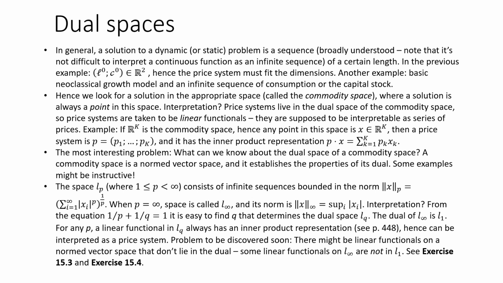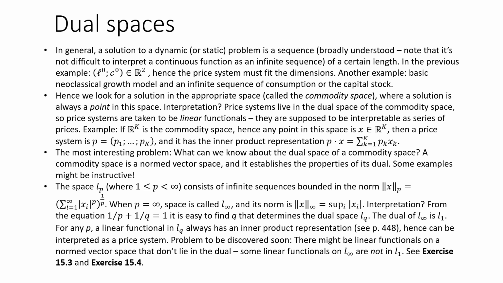The most important aspect of this discussion is the fact that for any p, be it finite or infinite, a linear functional in LQ, living in the appropriate dual space, always has an inner product representation. And you may remember, we have just covered, this inner product representation is very important to us because this is the prerequisite for us to interpret a linear functional as an appropriate price system.